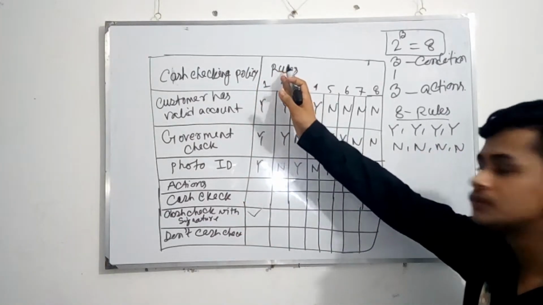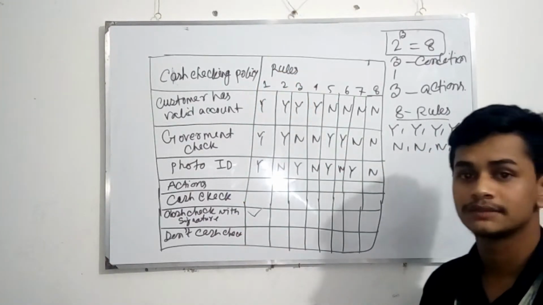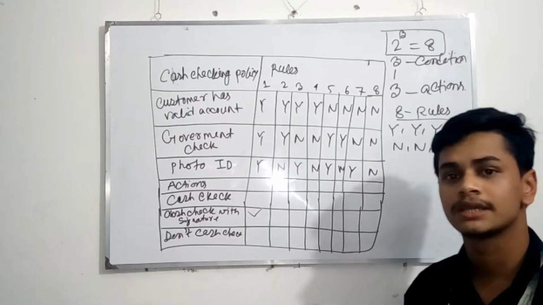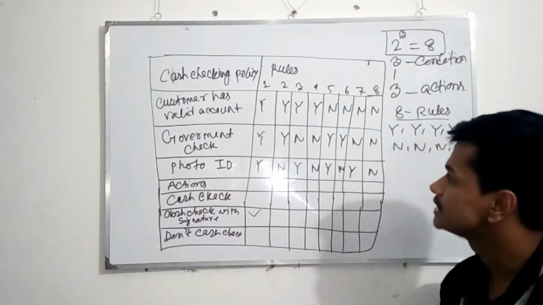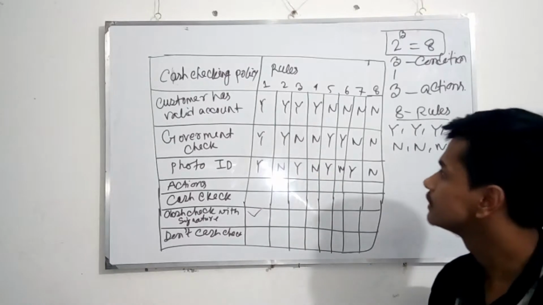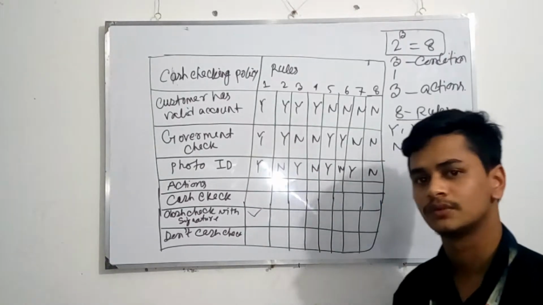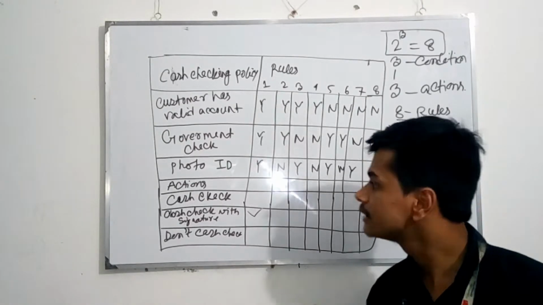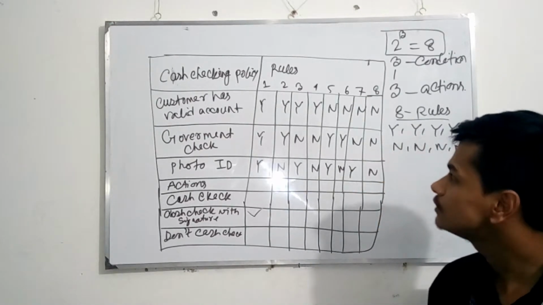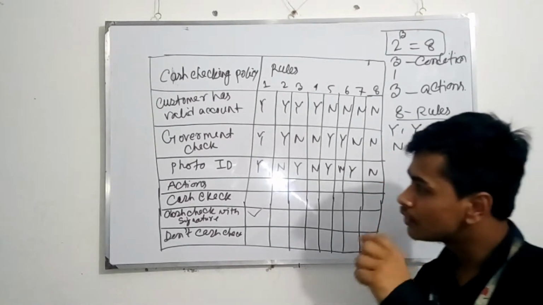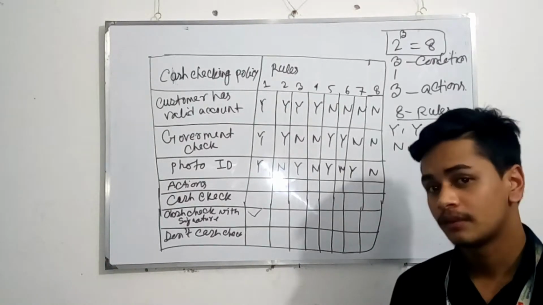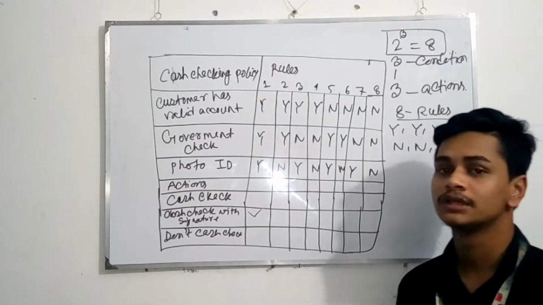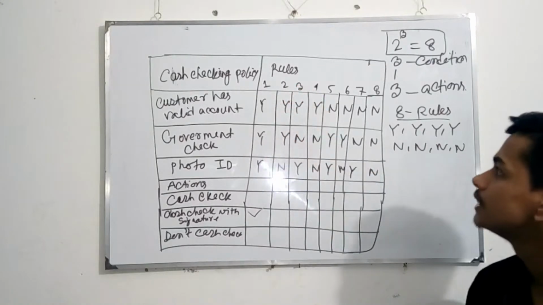So step 2: customer has valid account number, government check also yes, but photo ID has no. If the first step is already completed, we will focus now on step 2.